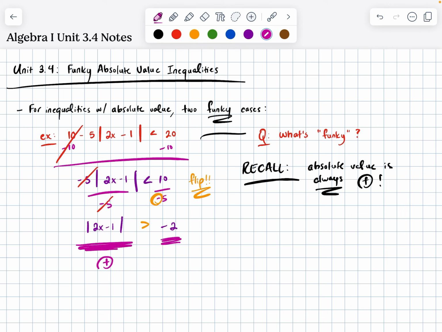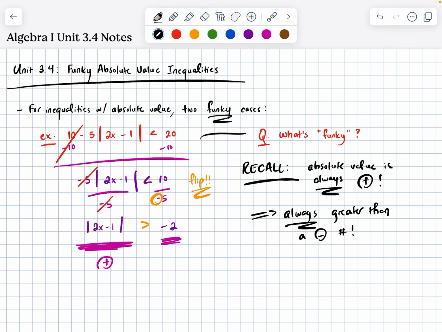But if absolute value is always positive, and the right side here is a negative number, what that tells us is that the left side is in fact always going to be greater than a negative number, right? A positive number will always be greater than a negative number.